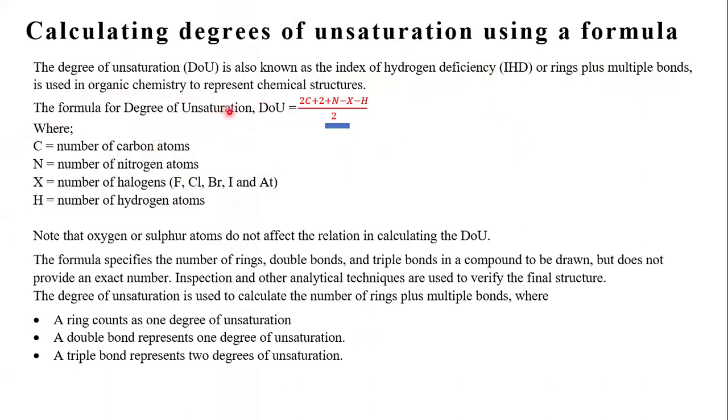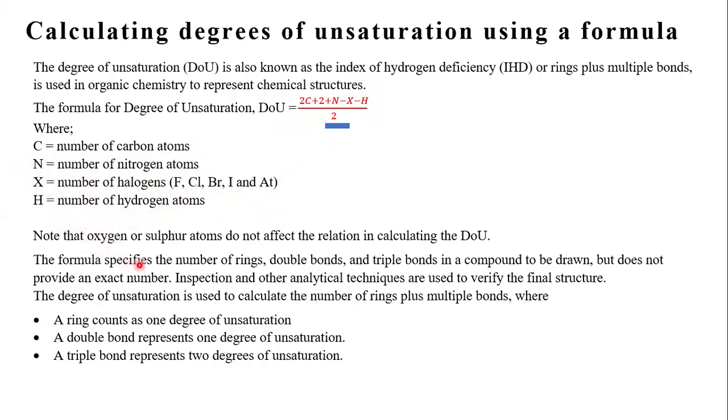The formula for degree of unsaturation is 2C plus 2 plus N minus X minus H, all over 2, where C is the number of carbon atoms, N is the number of nitrogen atoms, X is the number of halogens, and then halogens, that's fluorine, chlorine, bromine, iodine, and etc. And H is the number of hydrogen atoms.